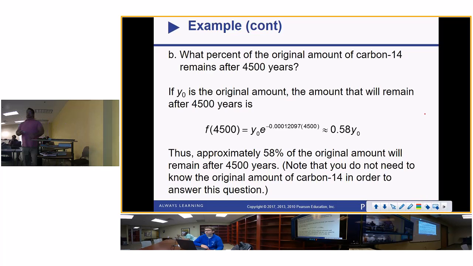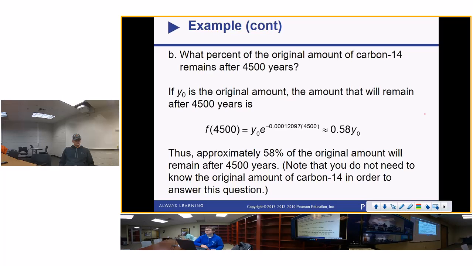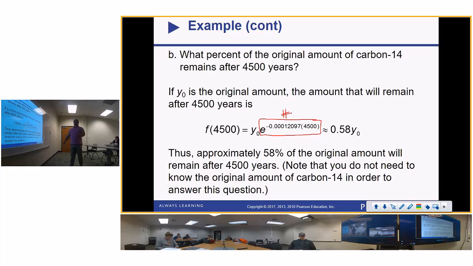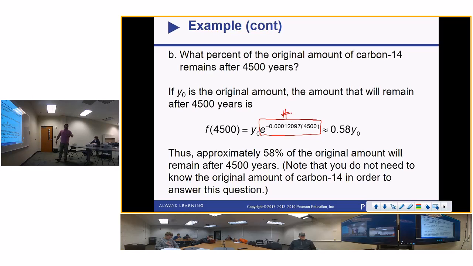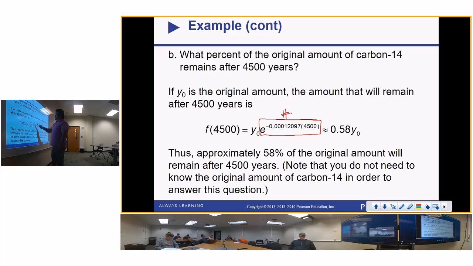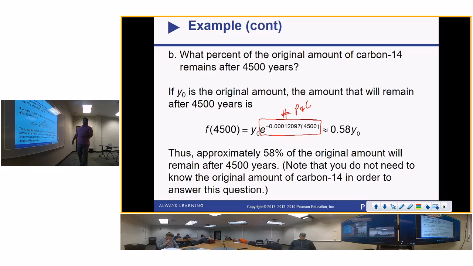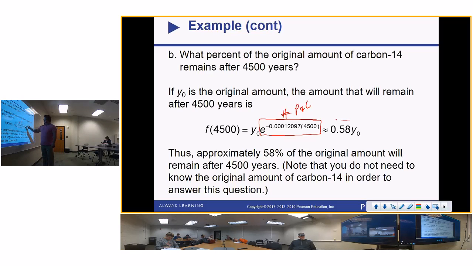This number right here is a constant. That number is a number. So I don't want you to get that confused with it being an X or a Y. It's not. It is a number. It's the same thing if you was to take pi and multiply by 2. Pi times 2 is 6.28. It's a number. So anytime you see E, that's going to come out to be a number when you plug and chug. You're going to end up with a number, and that number is 58%.